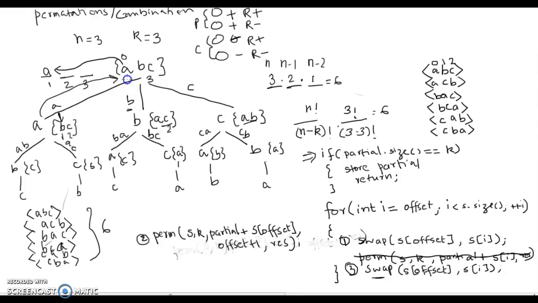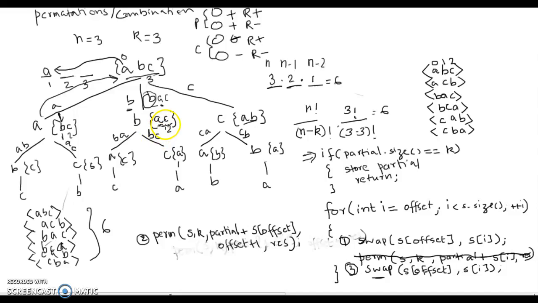So now the original string. Remember that we are modifying this original string every time we proceed through this. So for this particular iteration, the original string that we are iterating is BAC, right? Because we have swapped A and B's position, and we have collected this, and then we have passed in A and C down here, and then for this particular offset, we also do the same thing. First, we collect what is there at that offset. So we collected that BA, and then the last offset C, and that returns, and then we swap A and C, same thing.